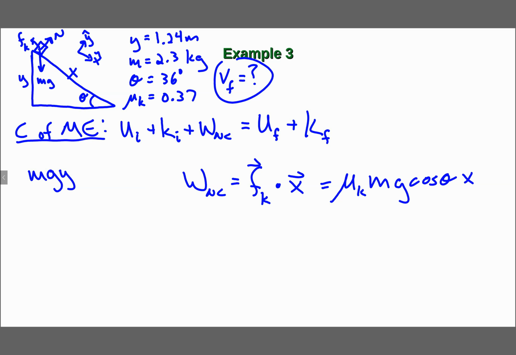Okay? And the dot product doesn't add another cosine theta because friction and the displacement are along the same axis, right? But it does add a minus sign, right? Because friction points this way and the displacement points this way. So we have 180 degrees.